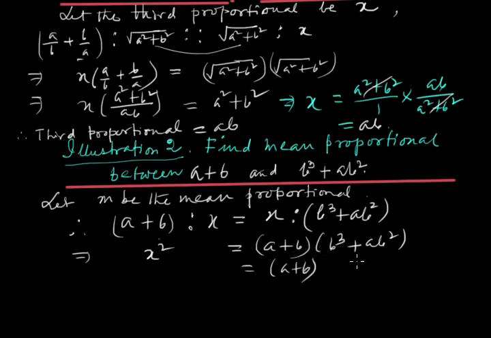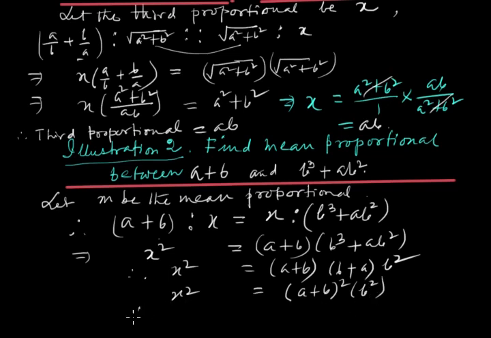If you take the common b square, you get a plus b into b square, which can be written as a plus b whole square and b square. Therefore x is equal to a plus b into b, which is ab plus b square.